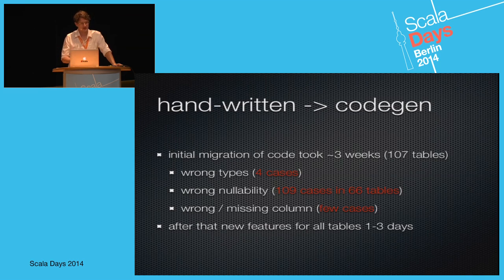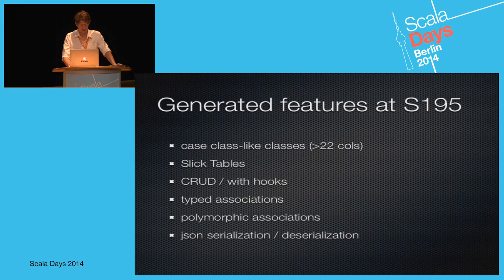And after that, everything else on top, every new feature, was like 1 to 3 days or something. And there were quite a lot of things. So of course we generate case classes and Slick tables. We also generate CRUD with hooks for like after delete or before delete or things like this. There are typed associations and polymorphic associations where something can be related to an athlete or an organization or something, and then there's like a discriminator column that says to which model, and also JSON serialization, deserialization.